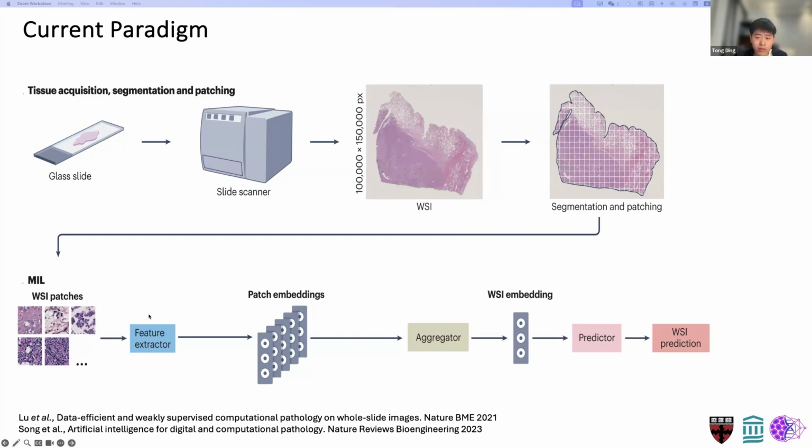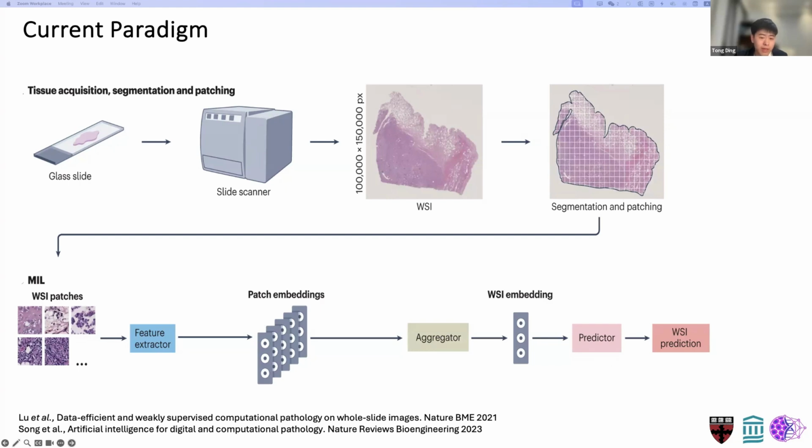We can then represent the whole slide as a bag of frozen features, greatly reducing the computational burden. Using the task labels, we can then train an aggregator, or slide encoder, which aggregates the bag of patch-level features into a slide-level feature, and then a predictor is used for task prediction.